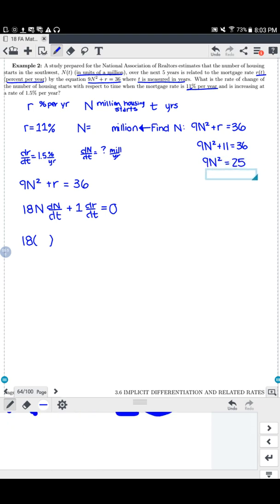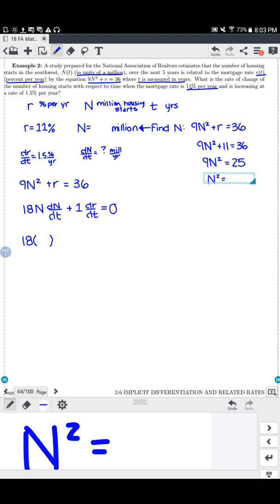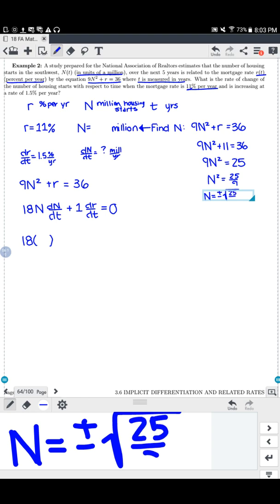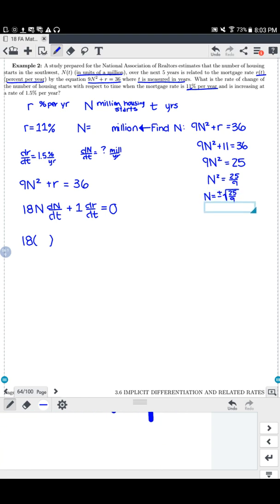Now I'm going to divide by 9, so n squared equals 25 over 9. And lastly, I'm going to take the square root of both sides so that n is plus or minus the square root of 25 over 9. Always have to remember that plus or minus. Well, these are nice square numbers, so I'm just going to take the square root of them.